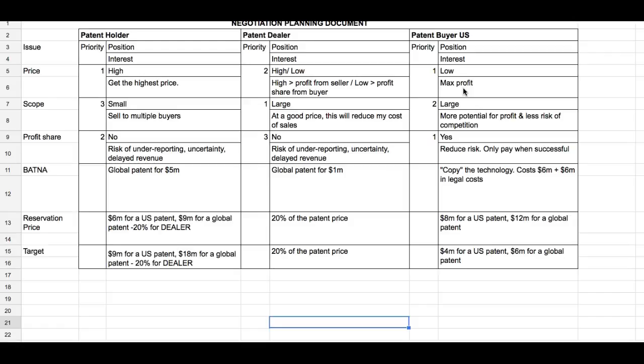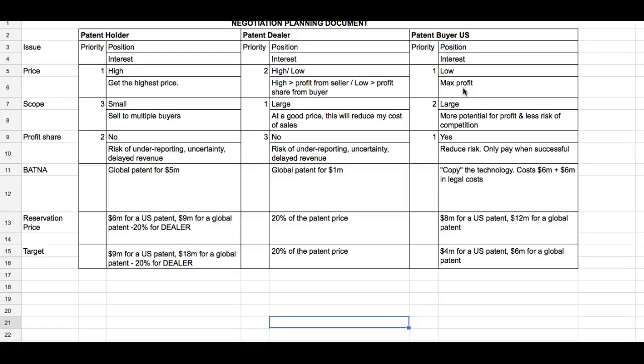So the buyer doesn't have to pay a fixed price for the patent to the patent holder. So the initial cost is zero. Whatever it sells, you split: 20% for the dealer, and 20% for the holder, of course.